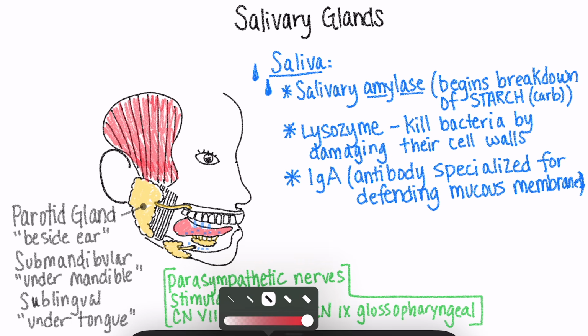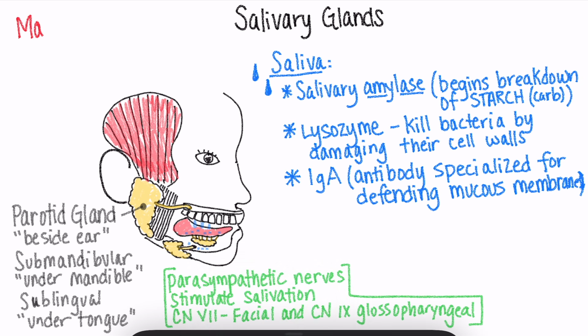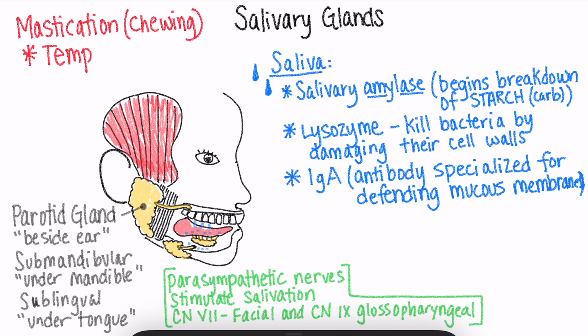So mastication includes the temporalis, which I've colored. I think I'll use black here to show you.